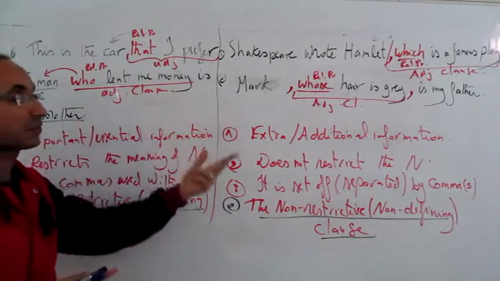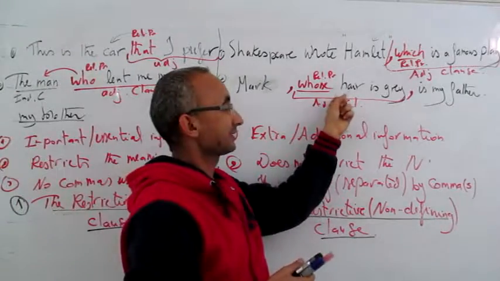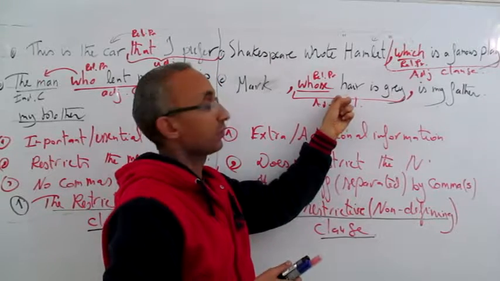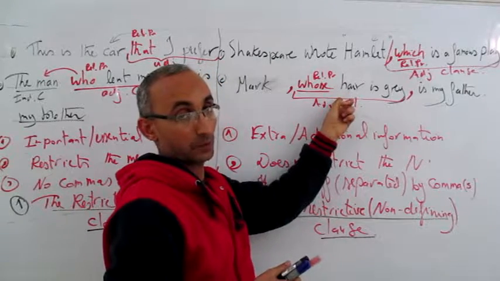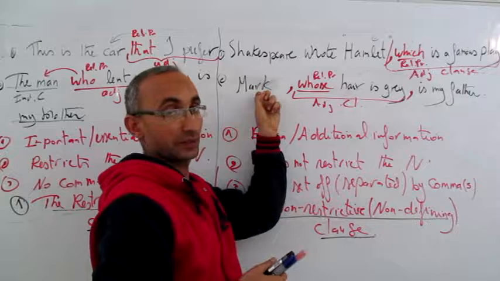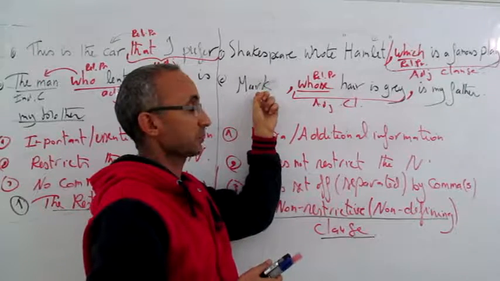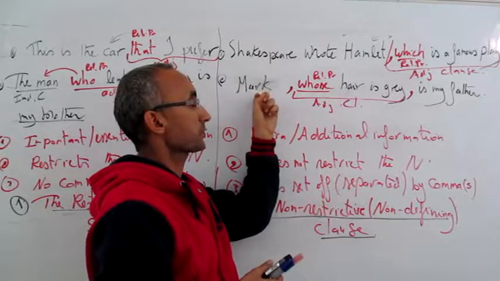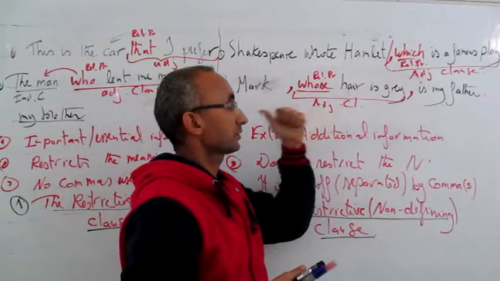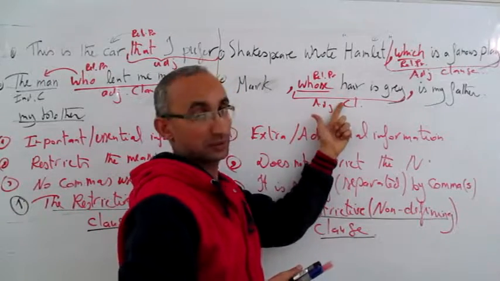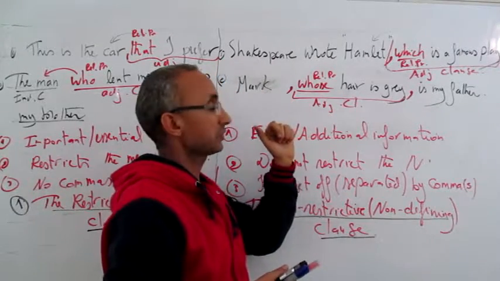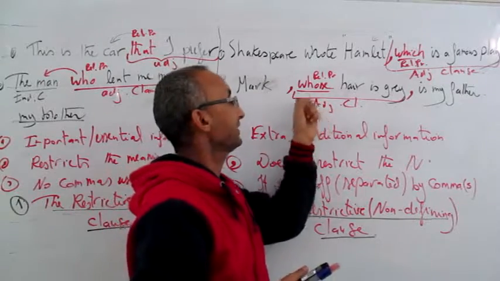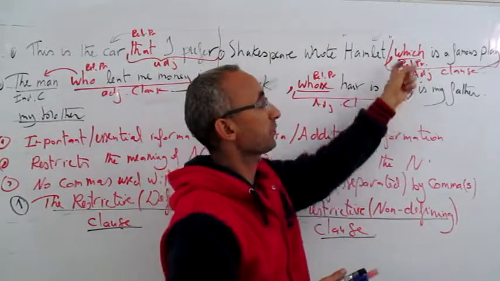On the other hand, the other one is non-essential, not important. The noun is already restricted and limited and well known as a person, a proper noun for a person. Also, it doesn't restrict the noun it refers to. Number three, it is placed between two commas, like the previous one.